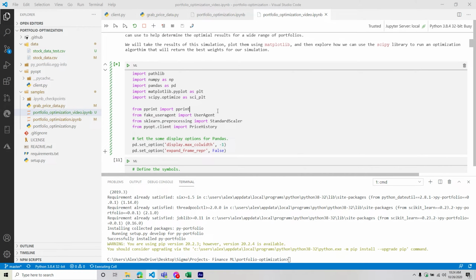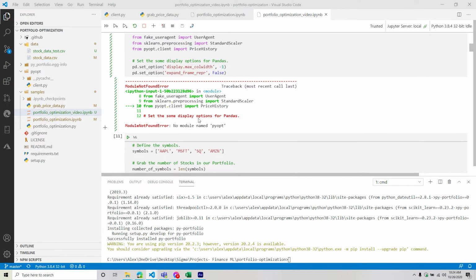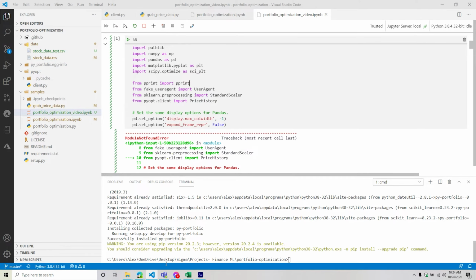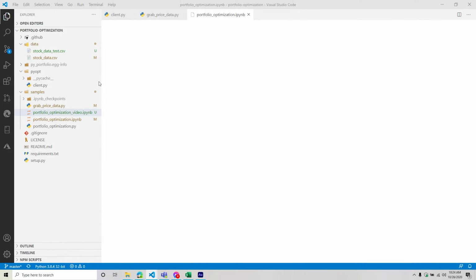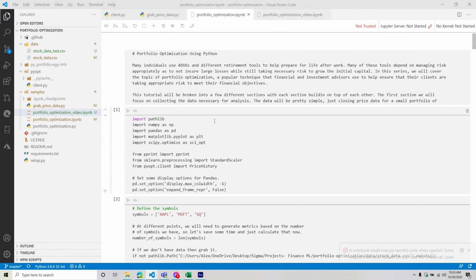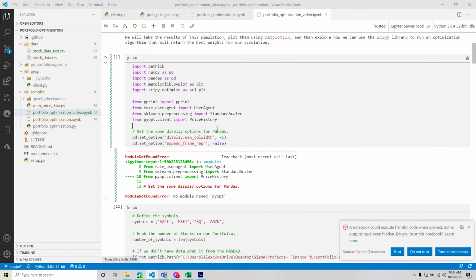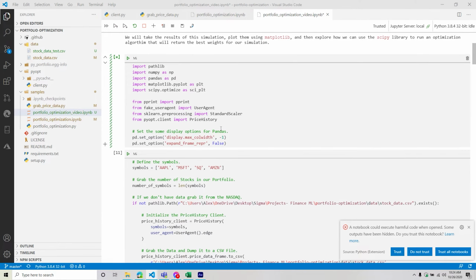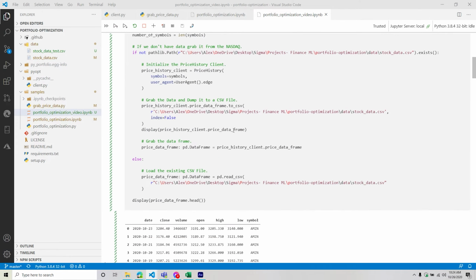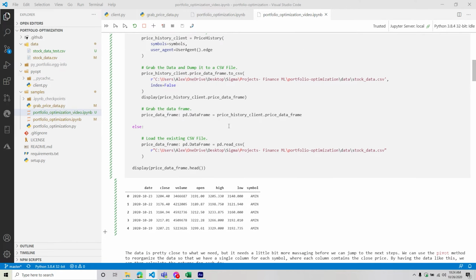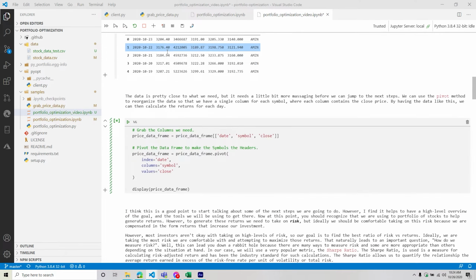That's always the problem, sometimes when you do this it doesn't like it. Okay, so that seems like it worked this time. Sometimes you have to do that with Jupyter Notebooks. You just have to run it and close it down because otherwise it doesn't work for some weird reason.